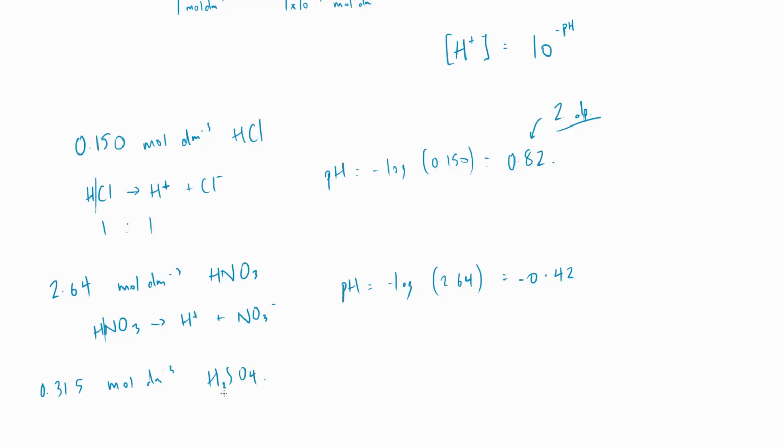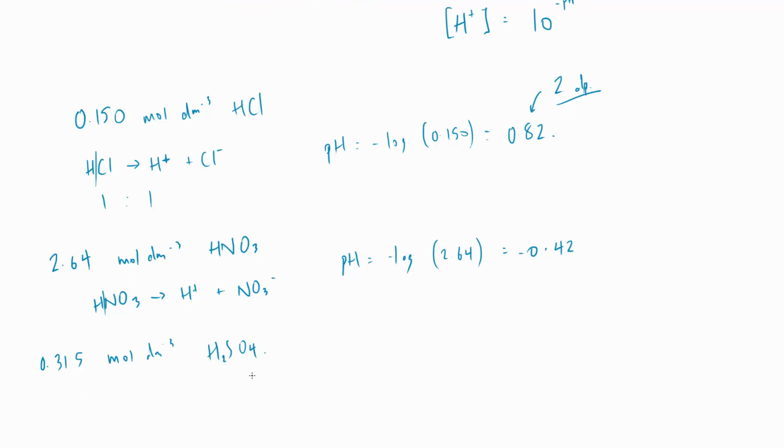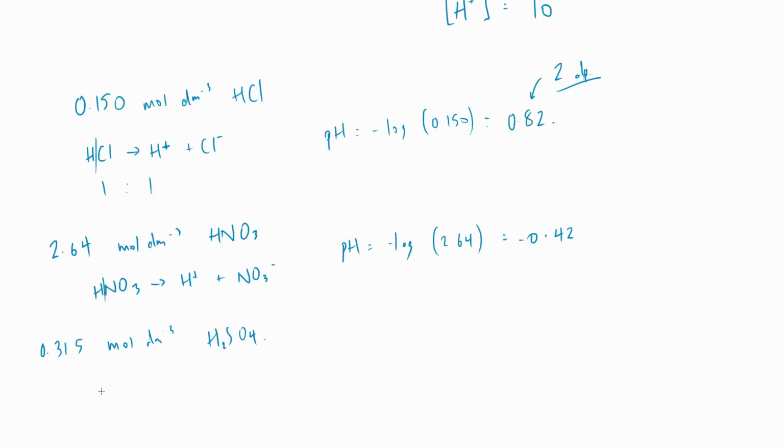They like to use in this case what we call a diprotic acid for good reason, and that's because when we have H2SO4 we find that it dissociates into 2H+ and an SO4 2-.